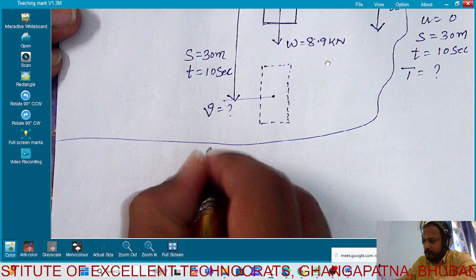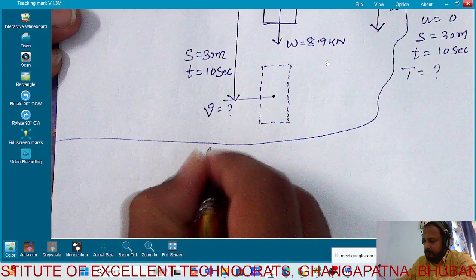Because initial velocity is given, time is given, acceleration you have to find out, and the displacement is also given to you. So what is the displacement here? Displacement is 30 is equal to, because the initial velocity is 0, this particular u into t will be 0. I'm not going to write that. Half a t square.